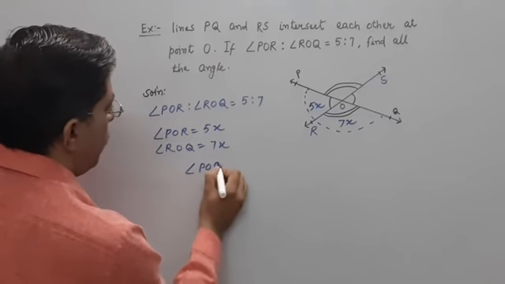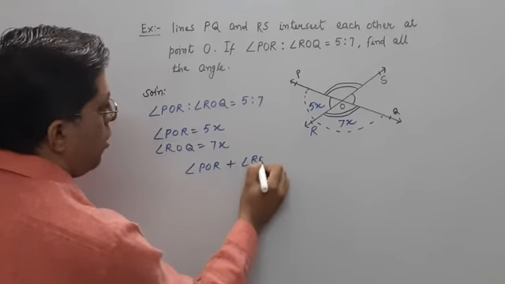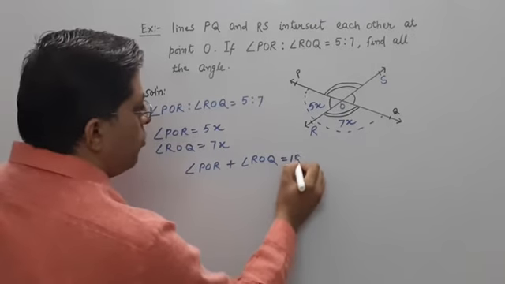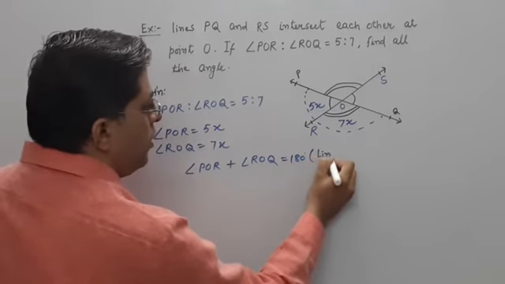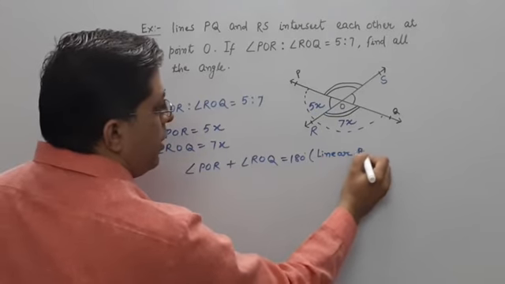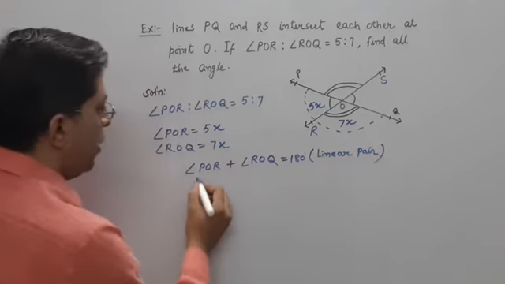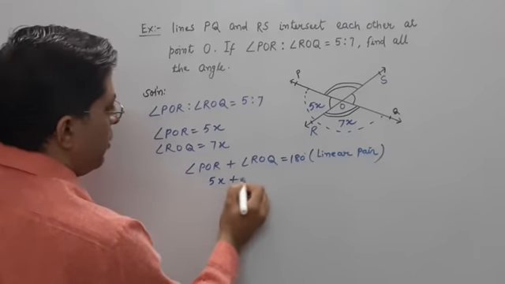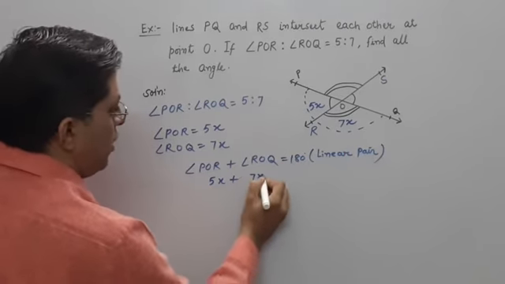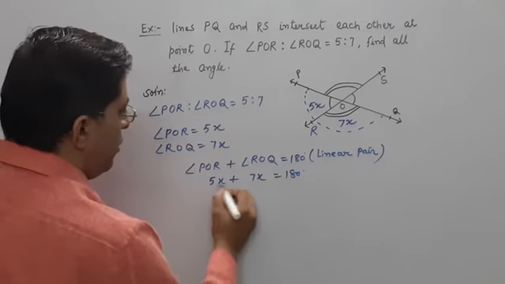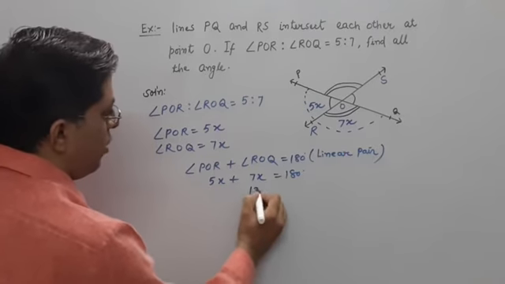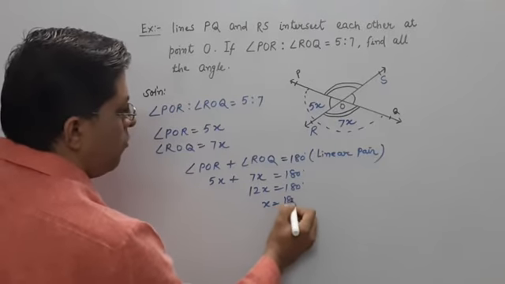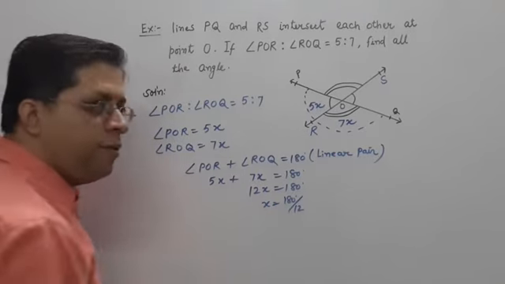Angle POR plus angle ROQ will be 180 degree due to linear pair axiom. POR is 5x and ROQ is 7x, so 7 plus 5 is 12. 12x is 180 degree, then x will be 180 degree upon 12.